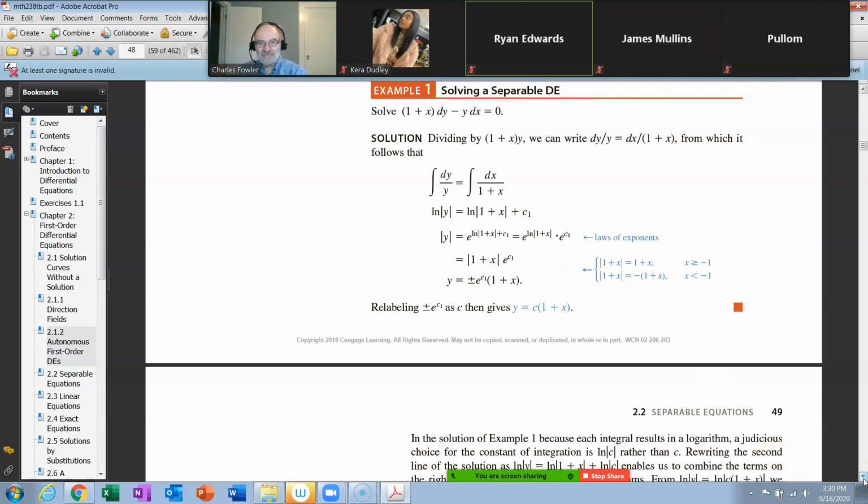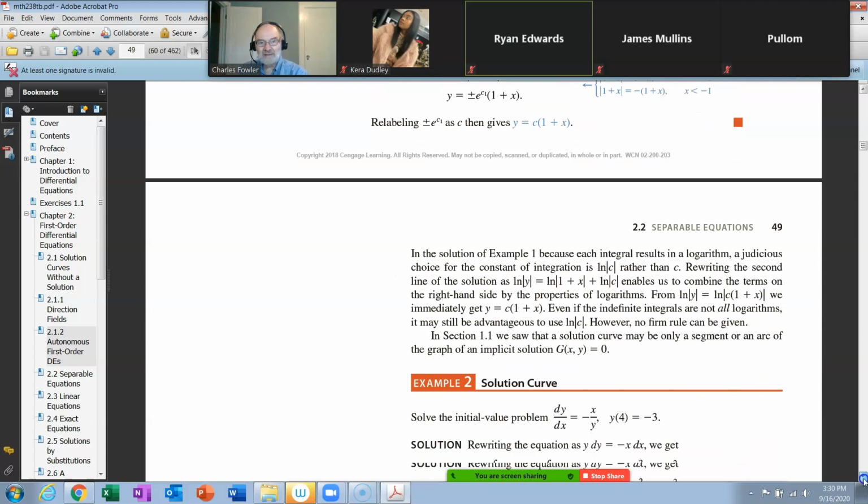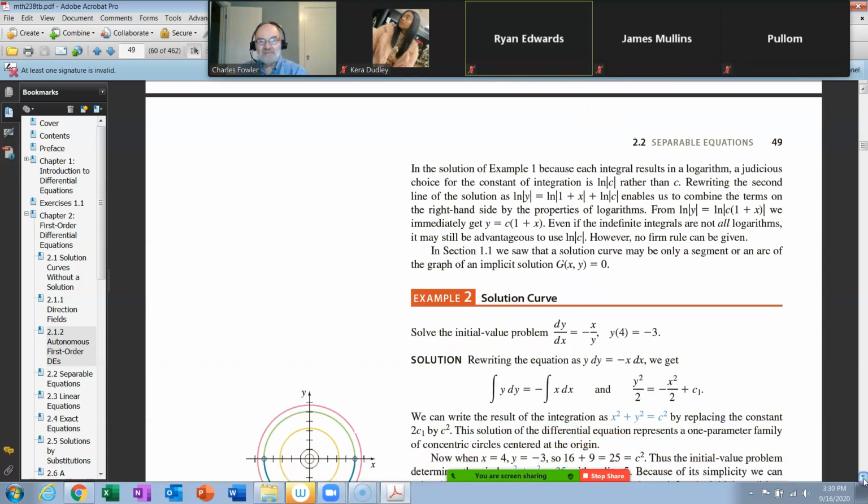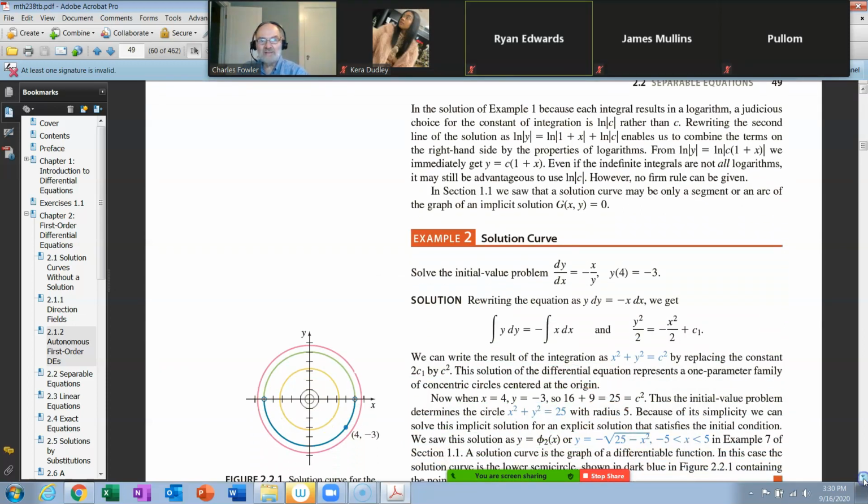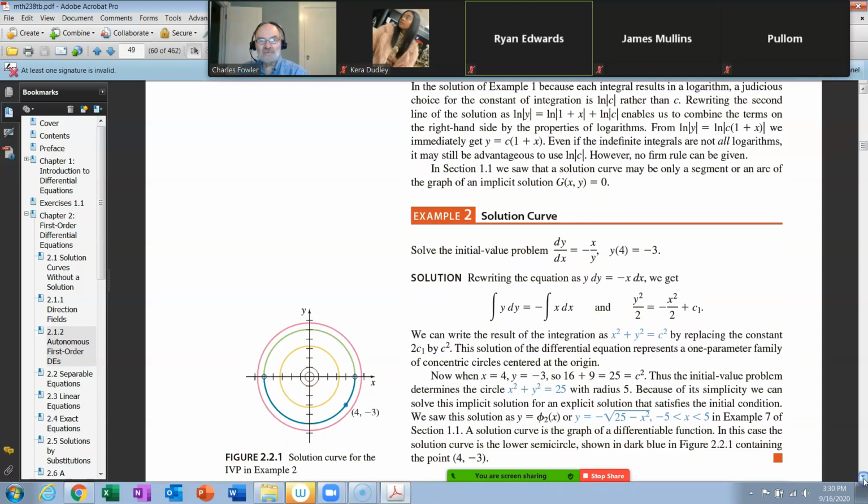Just when everything else is a log, usually it's a good idea to go and make the constant a log too. In the solution of that one, because each integral results in a logarithm, a judicious choice of constant, and this is what I did, is log of C rather than C. And then rewriting the second line, it would be log of y is equal to log of 1 plus x plus log of c.